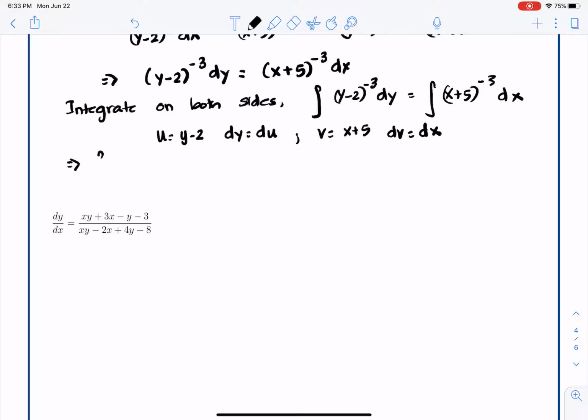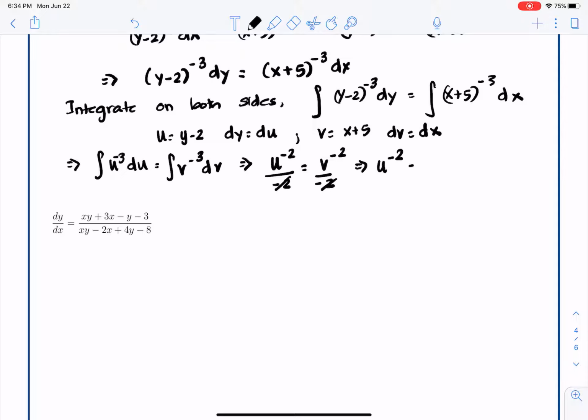So the integral would reduce to u raised negative 3 du equals v raised negative 3 dv, which is u raised negative 2 over negative 2 equals v raised negative 2 over negative 2. Those two would get cancelled, so we would have u raised negative 2 equals v raised negative 2.